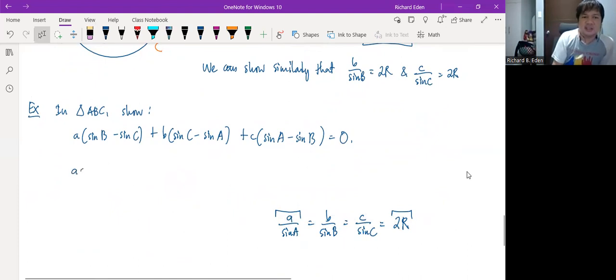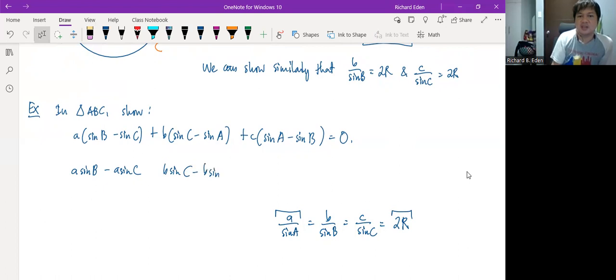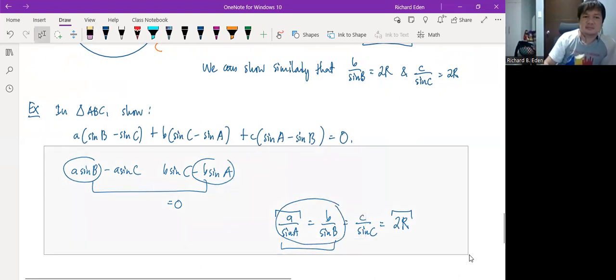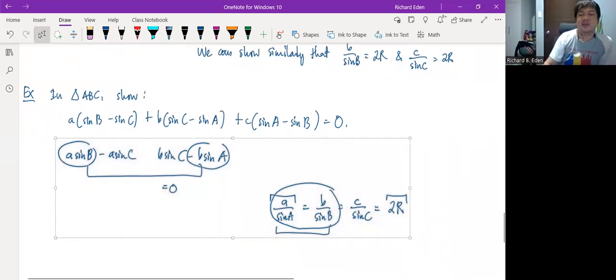This is a sine B minus a sine C. But in the second term, b sine C minus b sine A, the sine B terms combine to equal 0, because a over sine A equals b over sine B. You can still verify.